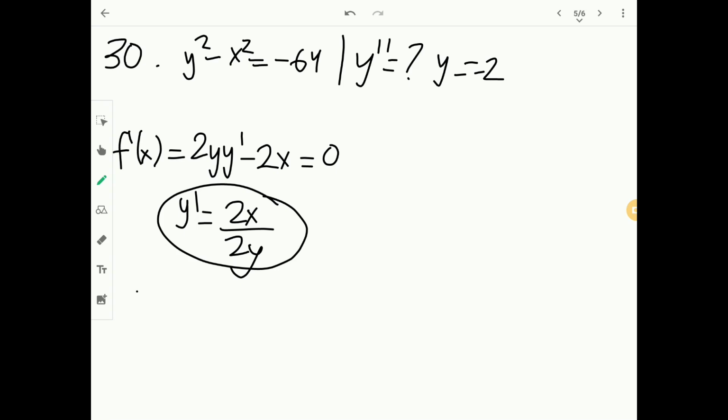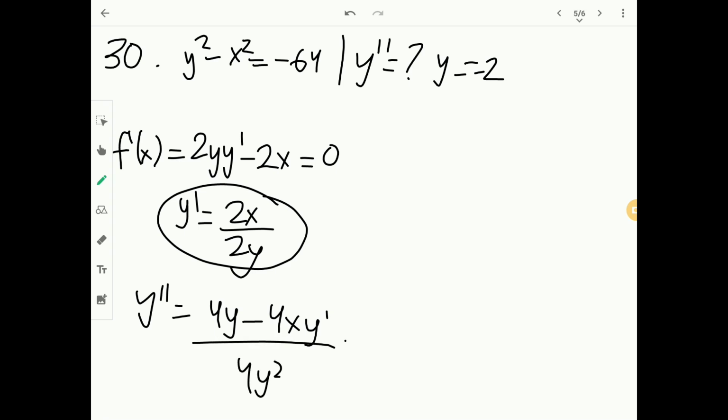So here's the y prime. Now to find y double prime, we do quotient rule. So it's 4y minus 4x y prime, over 4y squared. You square the bottom. You substitute y prime, you get 2x over 2y, all of that over 4y squared.